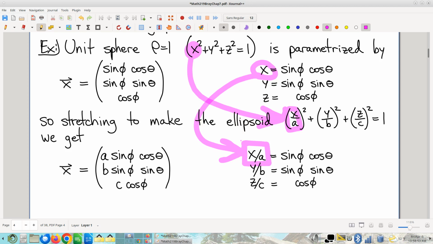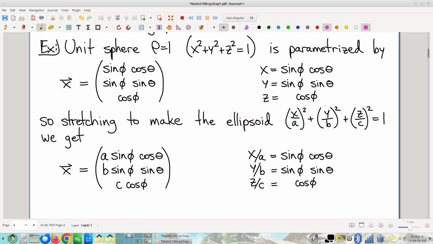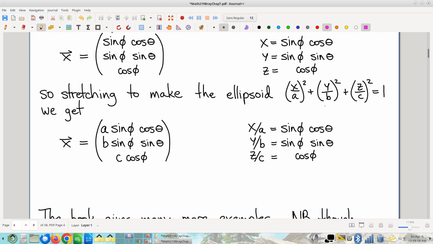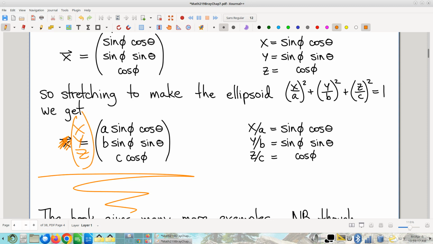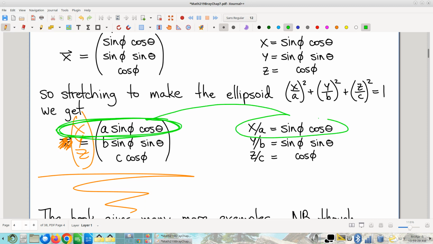Now it does seem to be a little contradictory that in one of these points of view I multiplied by a and in the other I divided by a. How do you know whether to multiply or divide in which case? Remember, though, what we're talking about in this left equation over here is position, and so these are x, y, and z that we're writing down. And so really what we're doing is comparing this as an equation for x with this as an equation involving x.